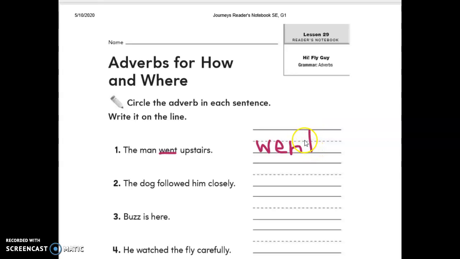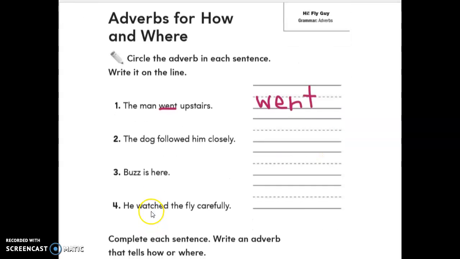W-E-N-T. Okay, number 2, let's read it. The dog followed him closely. One more time. The dog followed him closely. Which word tells how or where?